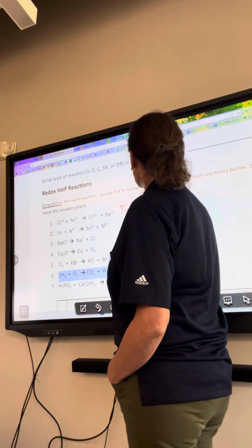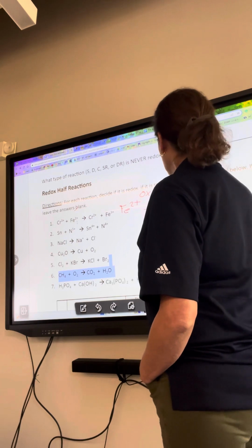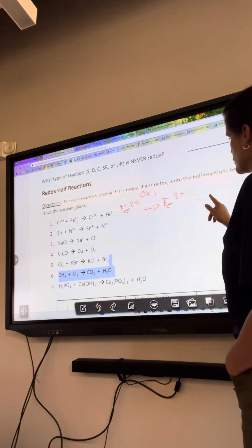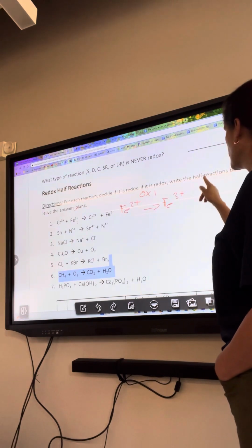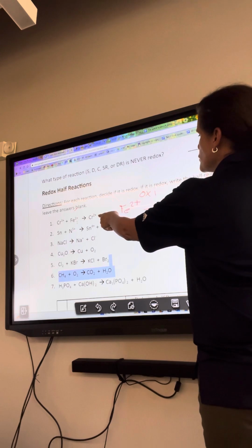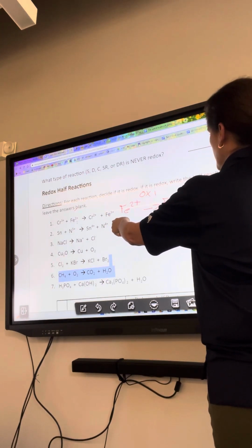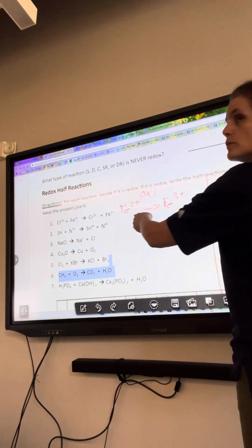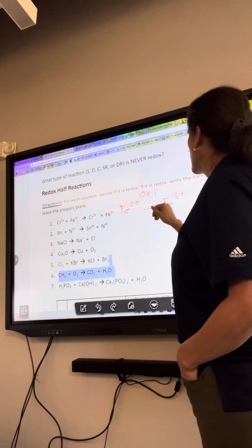Fe2+ goes to Fe3+. That got oxidized. Do you have to write the plus e minus? Yes, so I'm going to skip it for now. I'm just going to write which one got oxidized and which one got reduced. The Cr3+ goes into Cr2+, right? That got reduced.